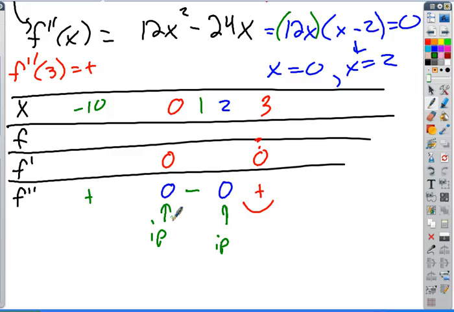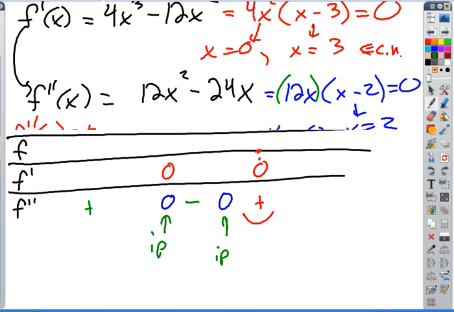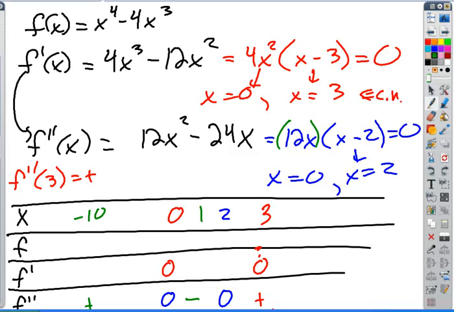And if we wanted to graph this thing, we can do that. If I even just know what the y value is of this one point, that gives us a pretty good idea of what the sketch of this thing must look like. When x equals 3, if we go back to our original function, what is y?